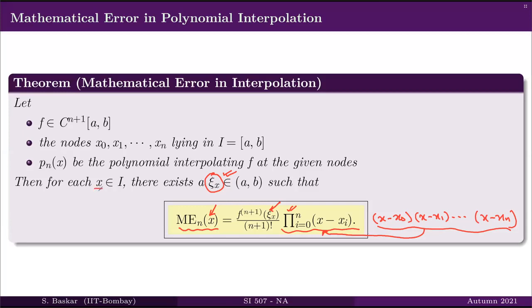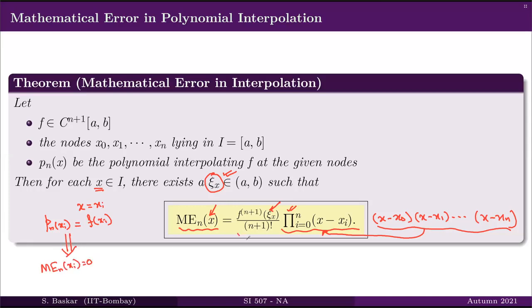You take this x as one of the nodes, say xi, then what is Pn(xi)? By the interpolation condition, this is precisely equal to f(xi). Therefore, the mathematical error, which is nothing but f(x) − Pn(x), should be equal to 0 in this case.